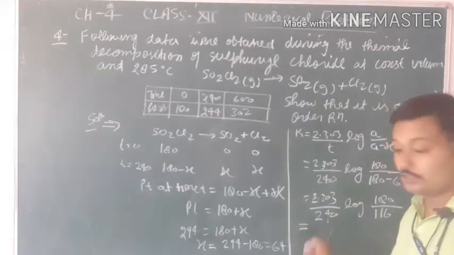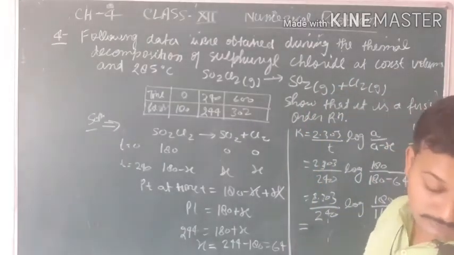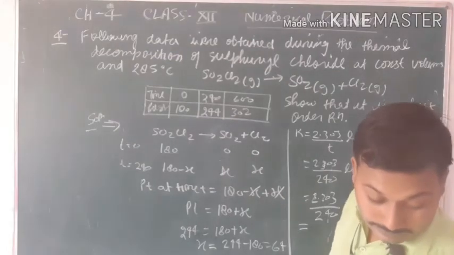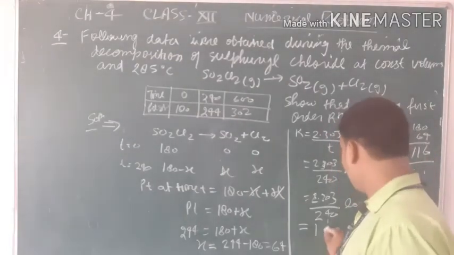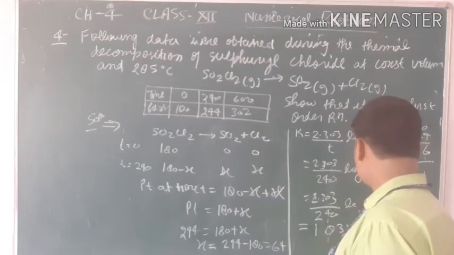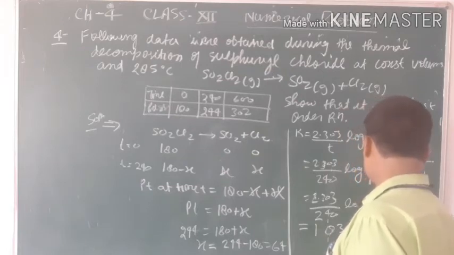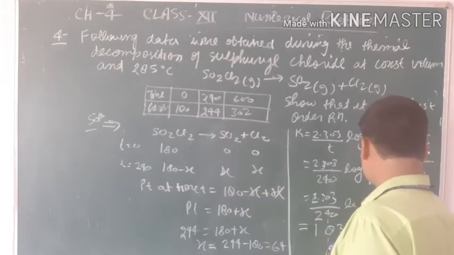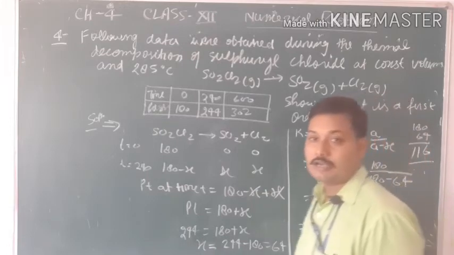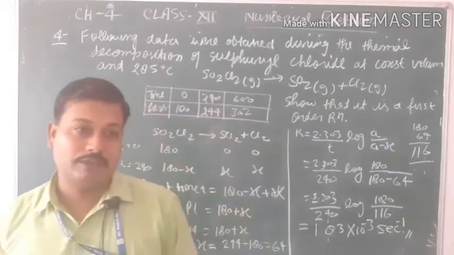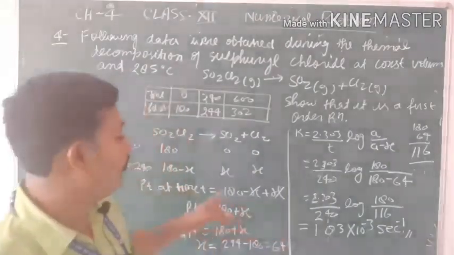So the answer of this question, after solving this problem, is 1.83 into 10 to the power minus 3 second inverse. Okay. So this is regarding the first data. We calculated the answer with the help of first data.